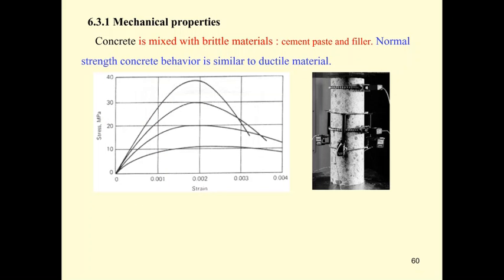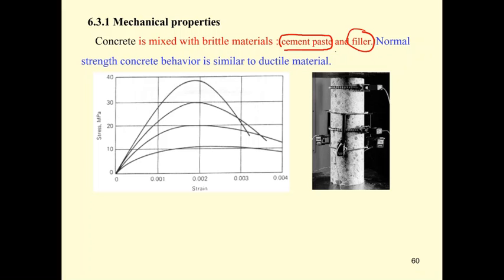Okay, now what are the mechanical properties of the material? This material is a mix of cement and water, Portland cement and water, and then you get the cement paste. And then you also put the filler, the crushed stone and the sand, into it. Okay, all of these materials are brittle materials.